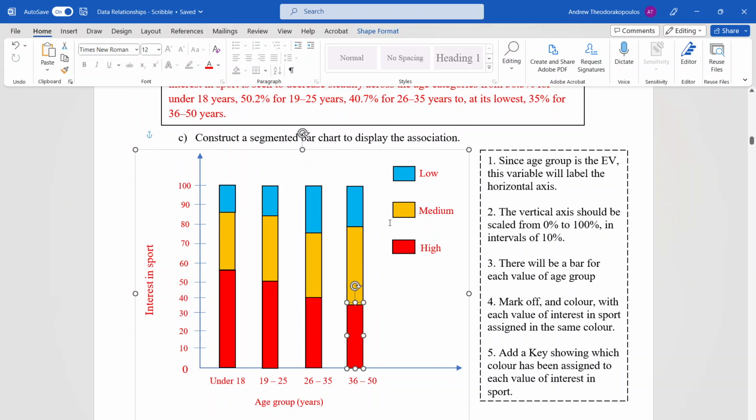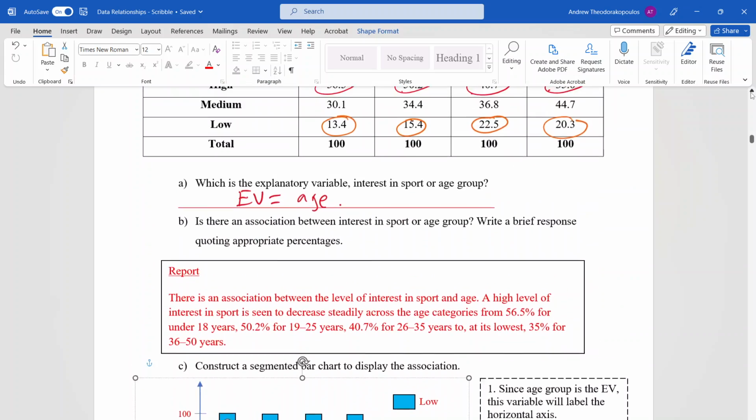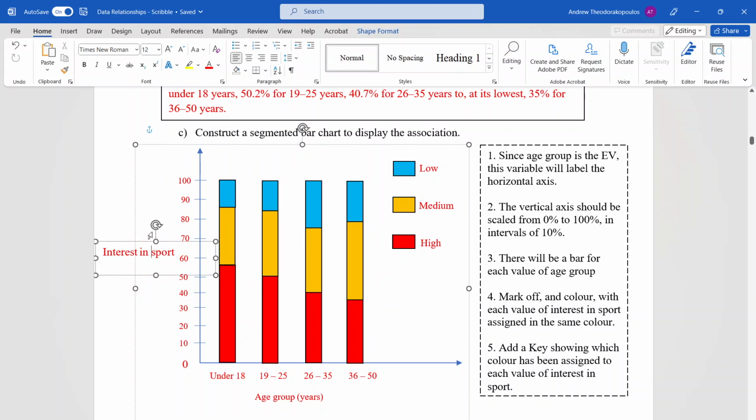And then for the middle one, medium, make sure that in this case, for under 18, this bar represents the percentage that you need. So under 18 medium is 30.1%.